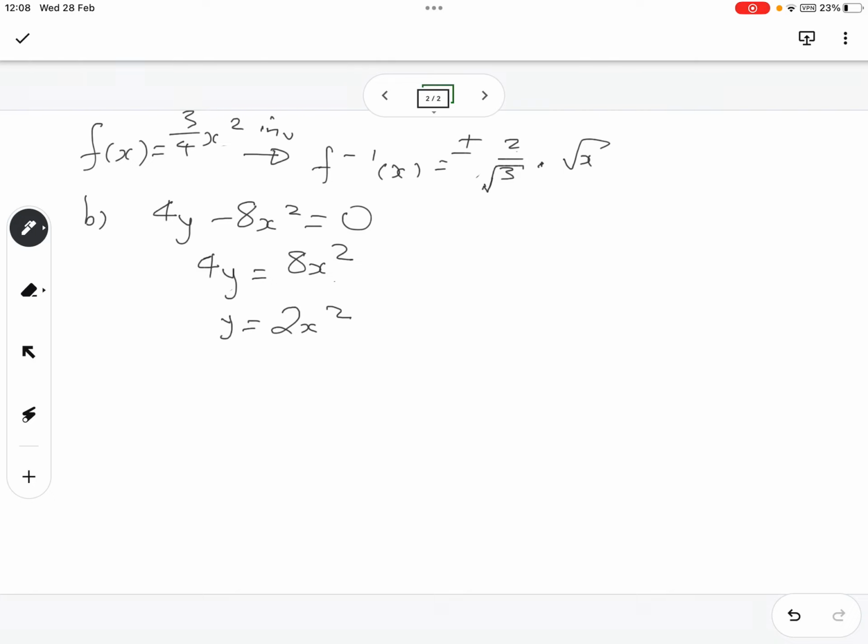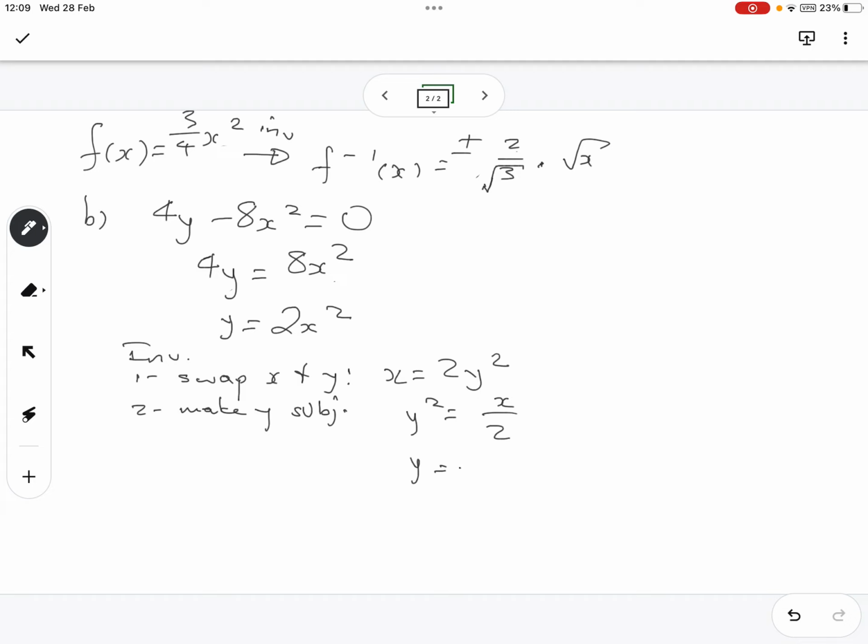Now to find the inverse, we swap x and y, such that x is 2y squared, and then we make y the subject of the formula. That becomes y squared equals x over 2, and y is positive or negative the square root of x over 2.